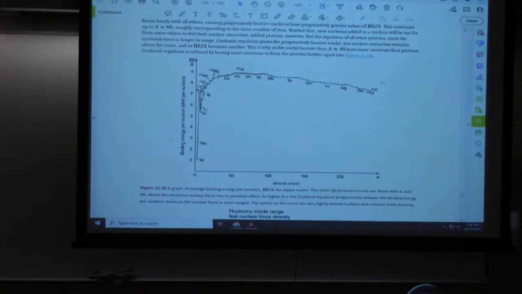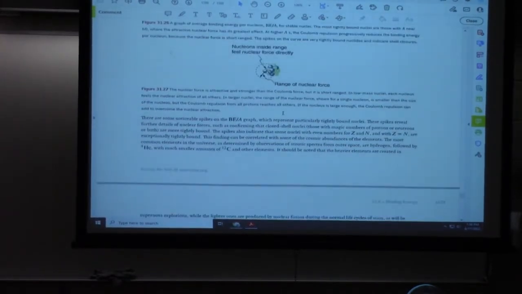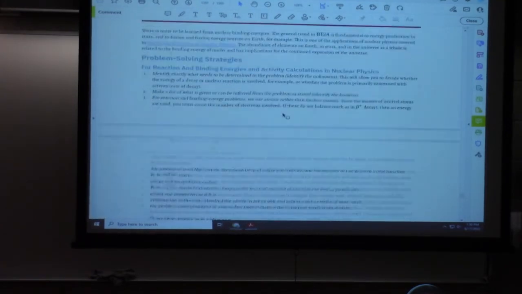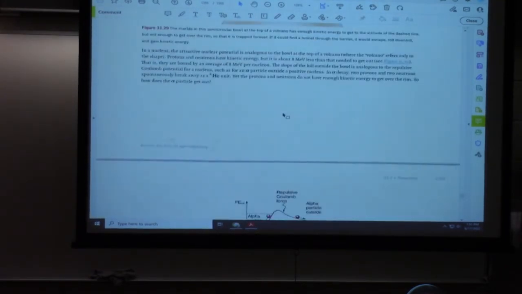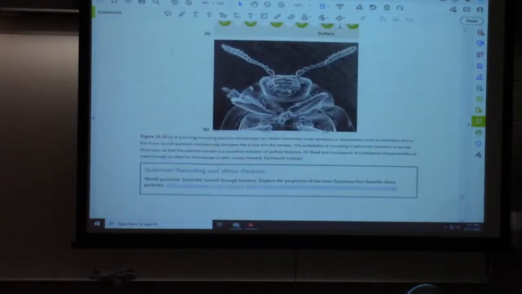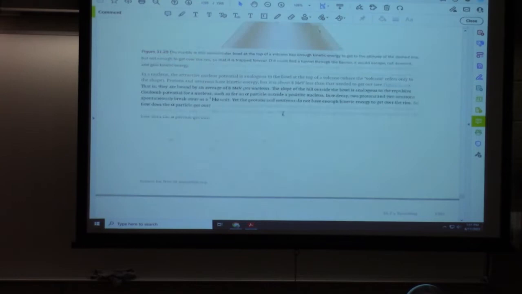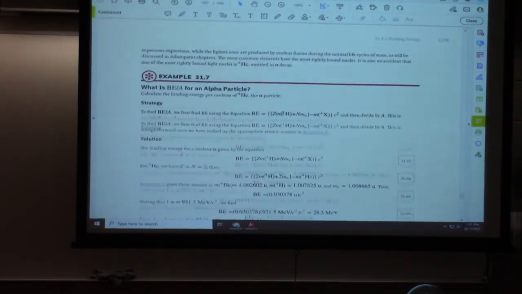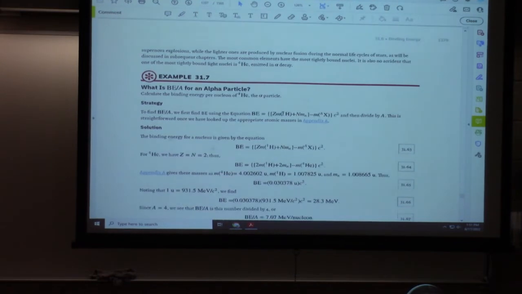It's example number 7, but it's going to allow me to tie in this discussion with next chapter, and together with our special relativity of chapter 28. And your author just says this. He says, could you calculate the binding energy per nucleon for an alpha particle?